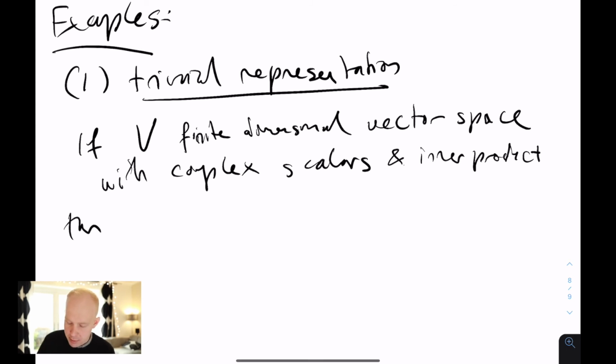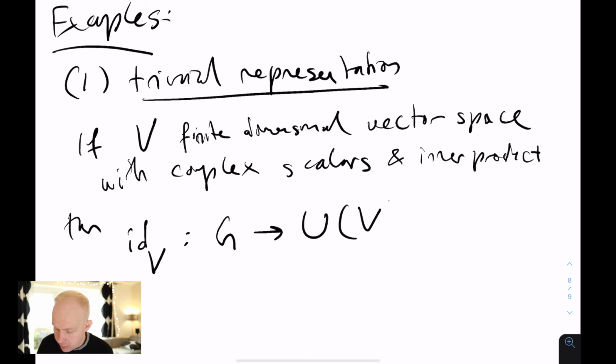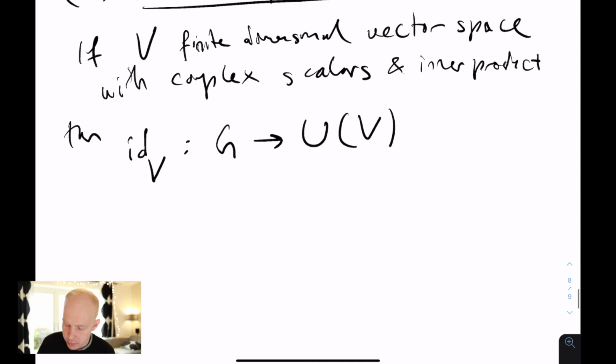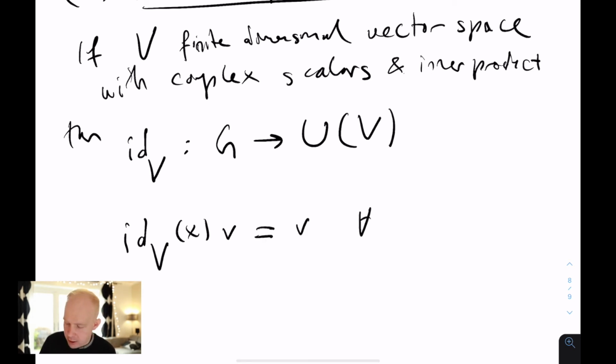Then this ID, which I call ID V, is a mapping from G into the U of V, a unitary map, so that ID V at the point x, applied to a vector small v in big V, is equal to v for any x in G and for any small v in big V.